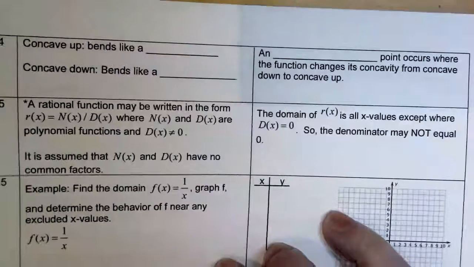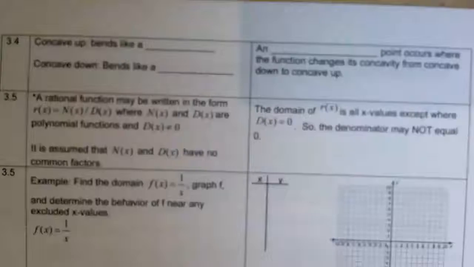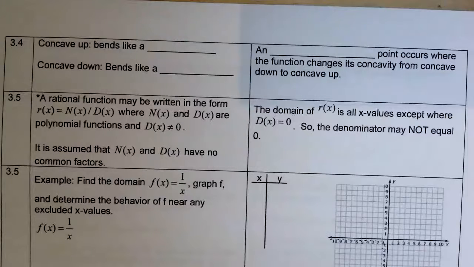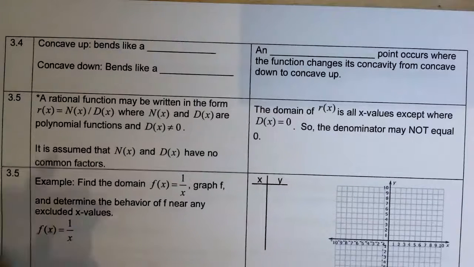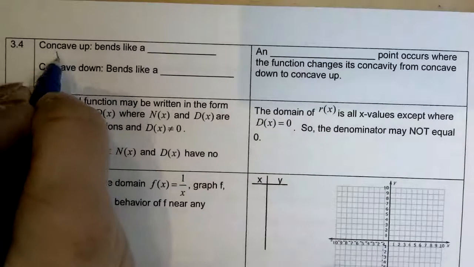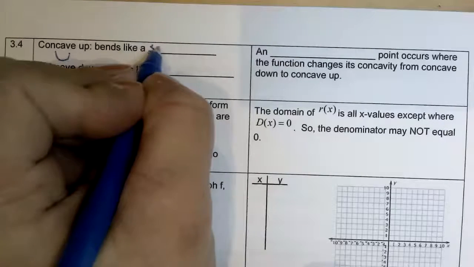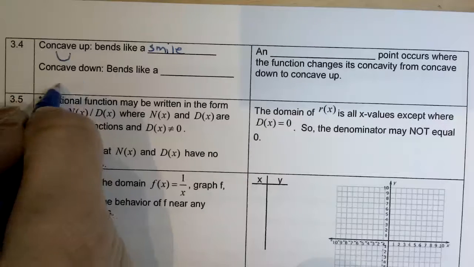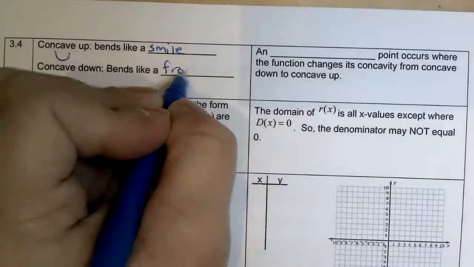All right, so let's take a look at concavity. And then we're going to look at some absolute maxima and minima also. All right, so concave up looks like this, and it bends like a smile. Concave down looks like this, and it bends like a frown.